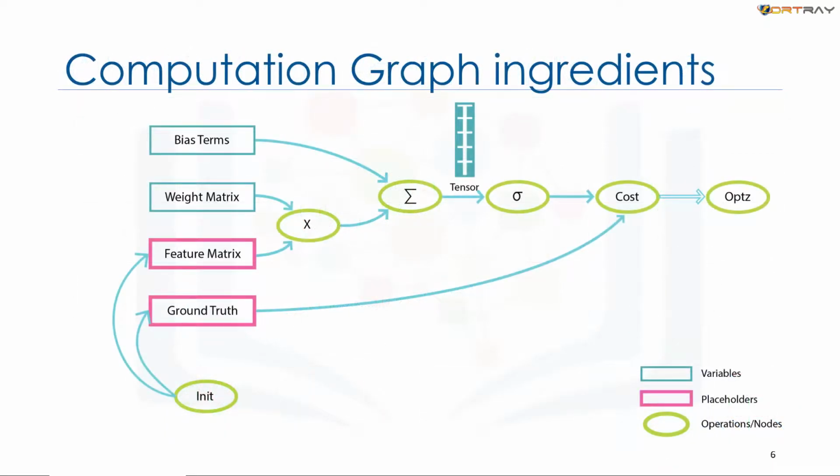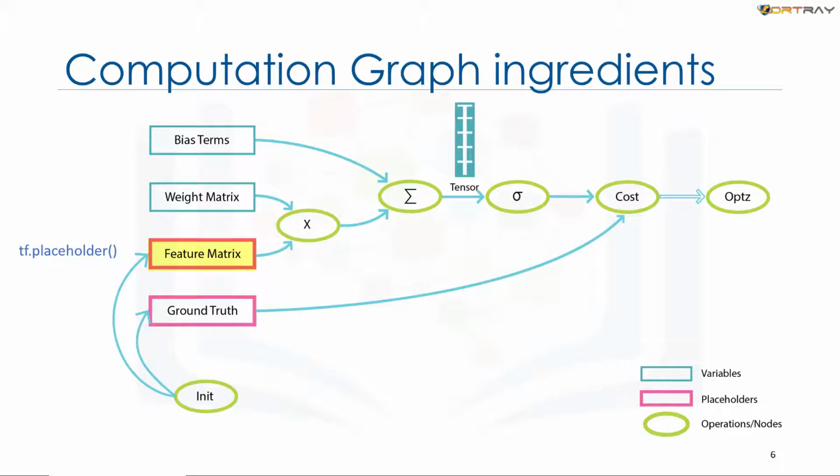Now, let's take a look at a data flow graph and see how tensors and operations build the graph. As mentioned before, in a data flow graph, the nodes are called operations, which represent units of computation. The edges are tensors, which represent the data consumed or produced by an operation. In this graph, feature matrix is a placeholder.